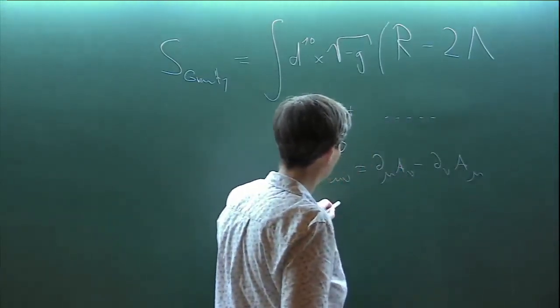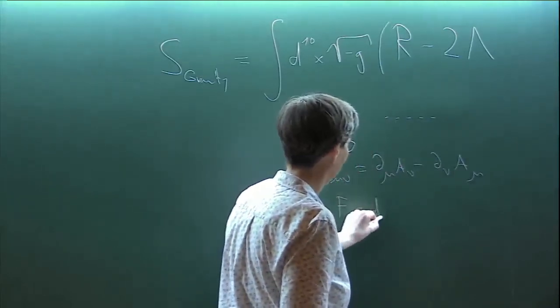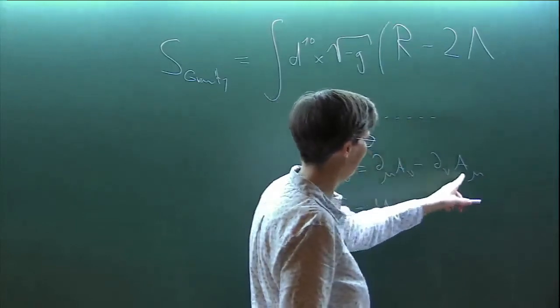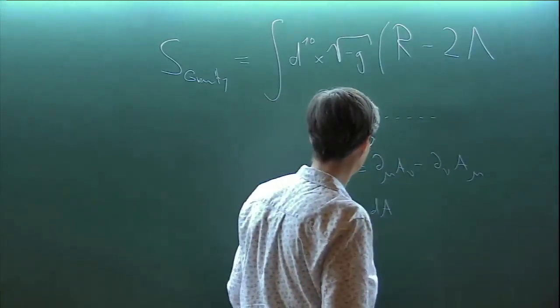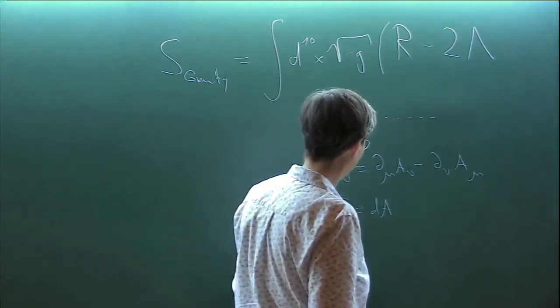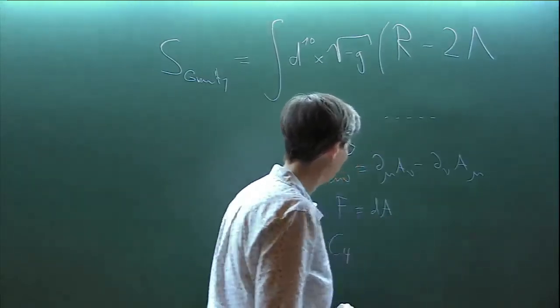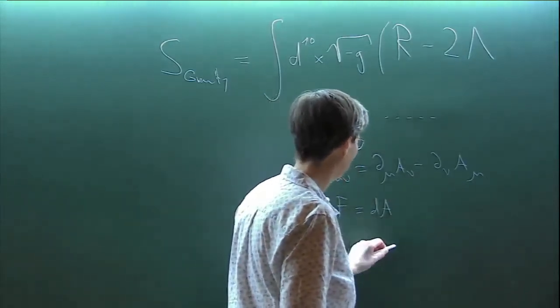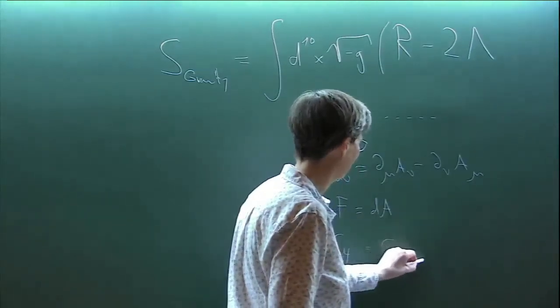In the language of forms you can write that F is dA. So this is essentially just a one form. But then in higher dimensions you can also have a so-called Ramond form, which is called C4, an object which has 4 indices.